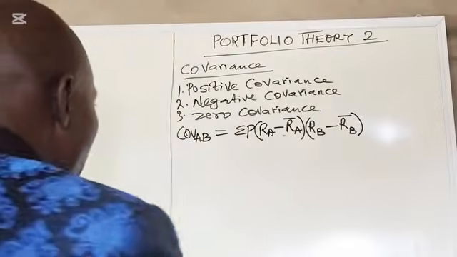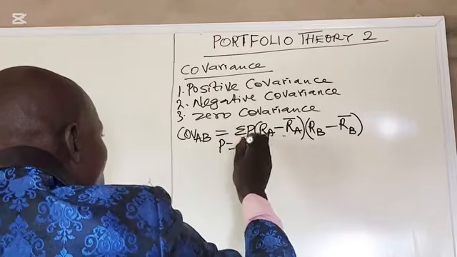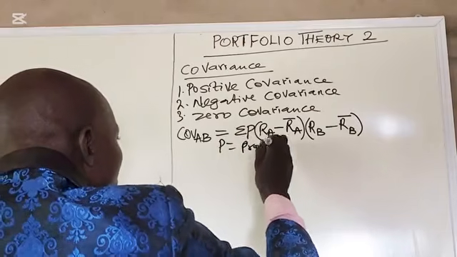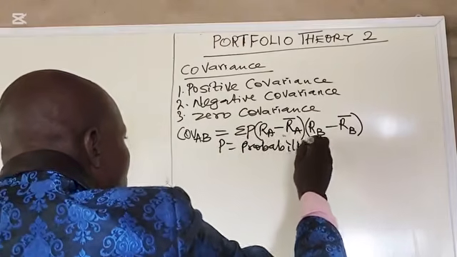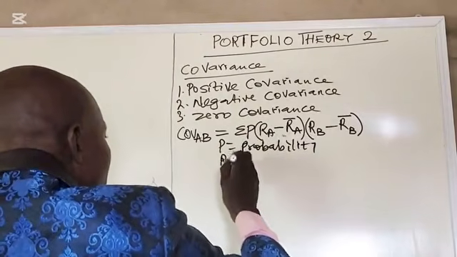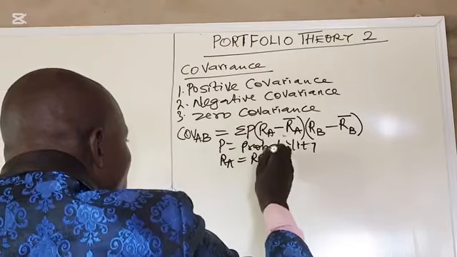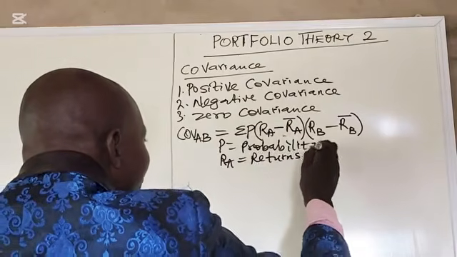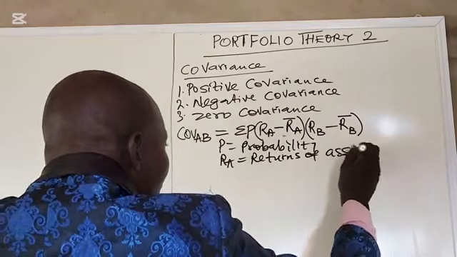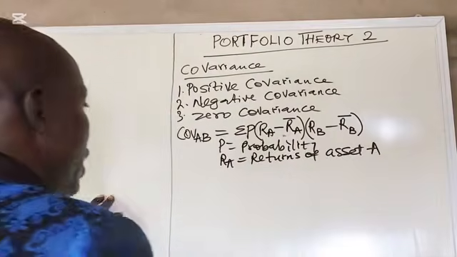P stands for probability. RA, that is returns of asset A or security A.